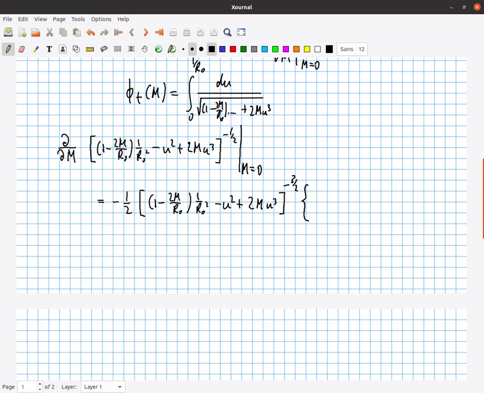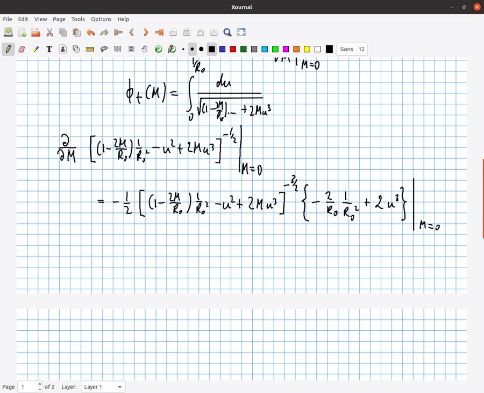Which means this factor here, 1 times 1 over r squared, differentiates to 0, which means from this first term here we get minus 2m over r, a linear function, and m differentiates, gives 2 over r naught times 1 over r naught squared. This object here differentiated with respect to m gives 0, and here we then get 2u to the 3. And as in the line above, all this is still evaluated when m is 0.